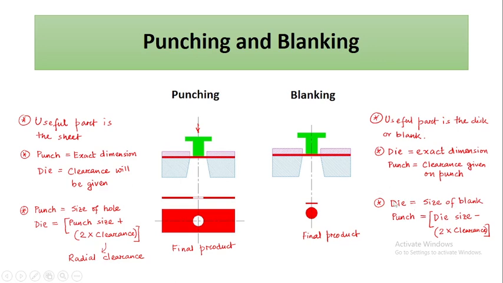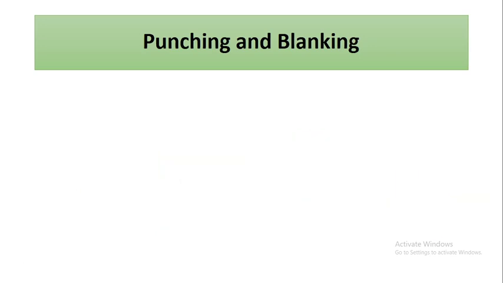As we know the blank size, we know the die size, so we can find out the punch size, which will be smaller than the die.